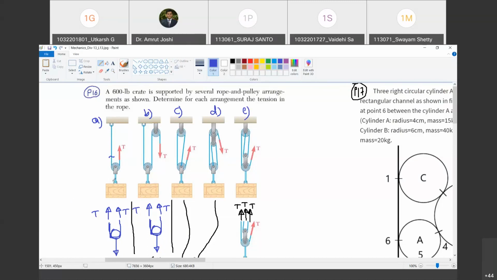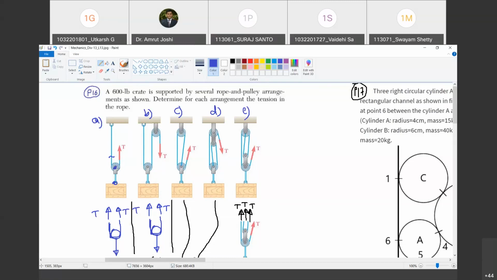So we can even use the point where the crate's rope is joining the other two, the pulley point, where the pulley, the pulley string and the lower rope are meeting.